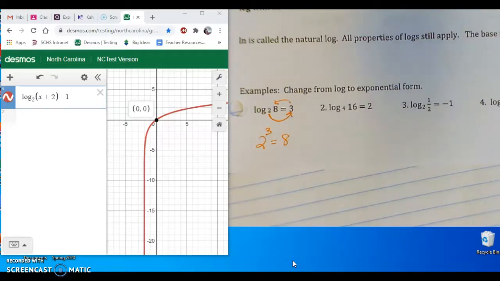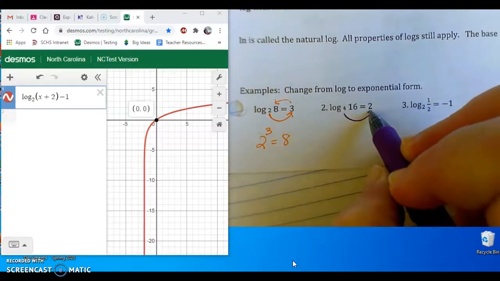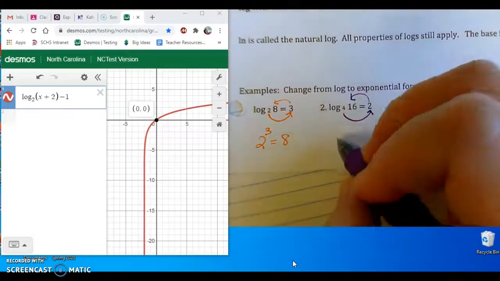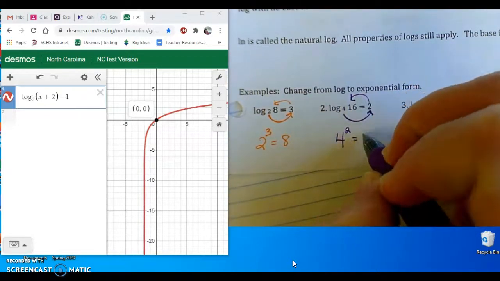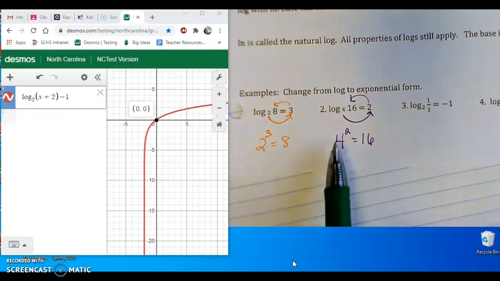Okay? So number 2. I'm going to start with the 4. I go 4 to the 2 equals 16. So it would be 4 to the 2 equals 16. Not a lot to do, just knowing what order to put things in. When you're doing these problems, you might see x's and a's and b's and all kinds of letters. It might not be written like this.